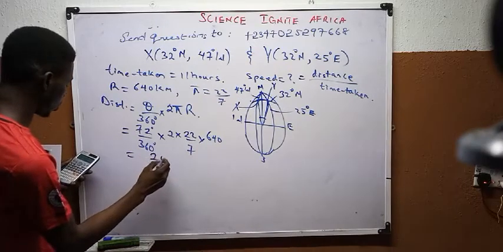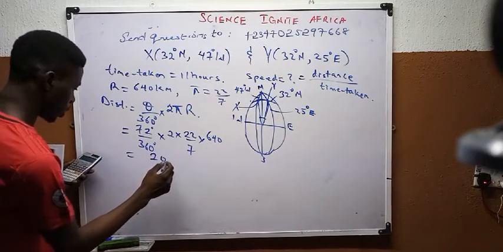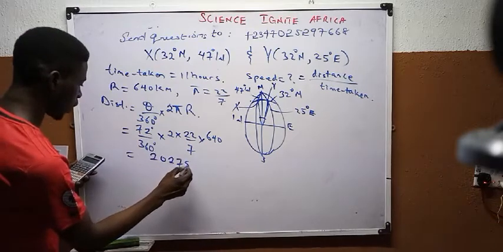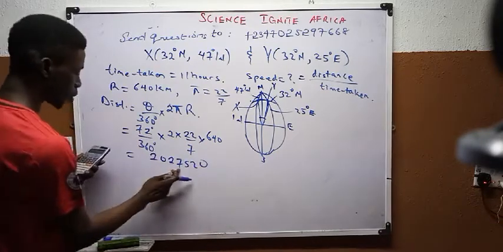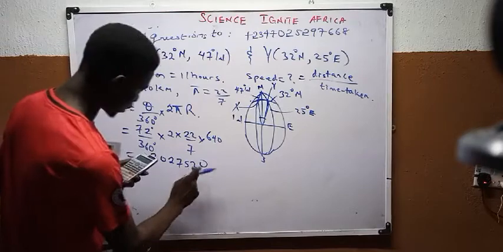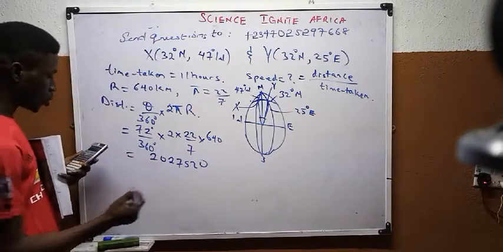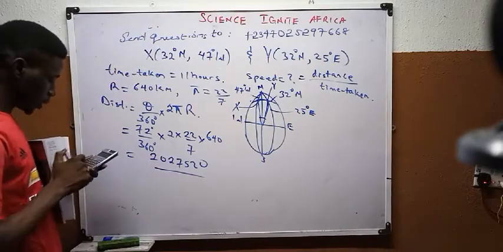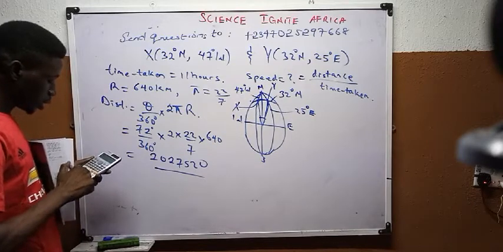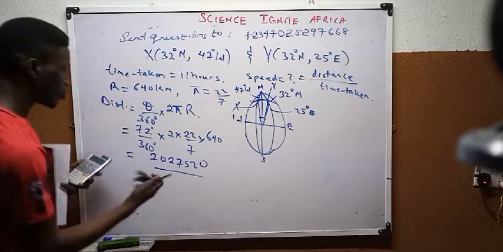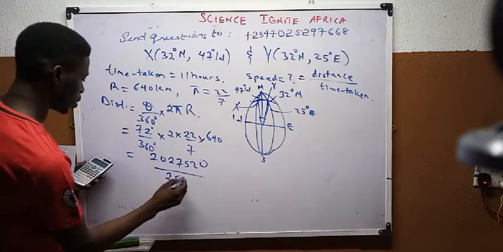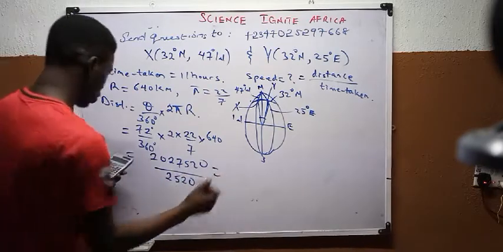So I write this here. This will be 2,027,520, all over 360 times 7, which is 2,520.